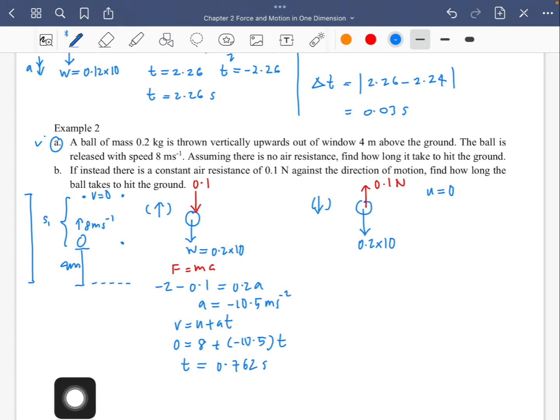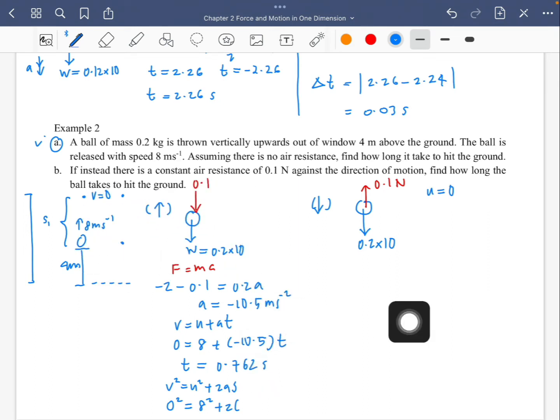So for that case, we can find it by using v squared equals u squared plus 2as. So v at the maximum height is 0, so 0 squared equals u squared, which is 8 squared, plus 2 times the acceleration going up. The acceleration going up just now is negative 10.5 meters per second squared, multiplied by s1.